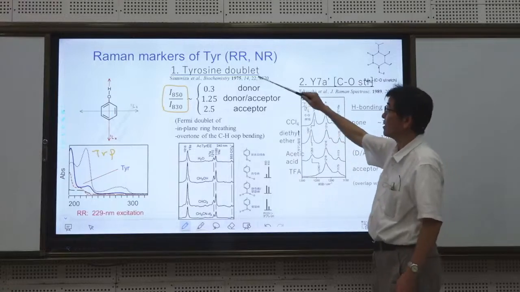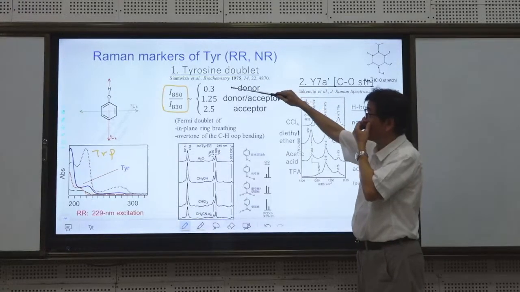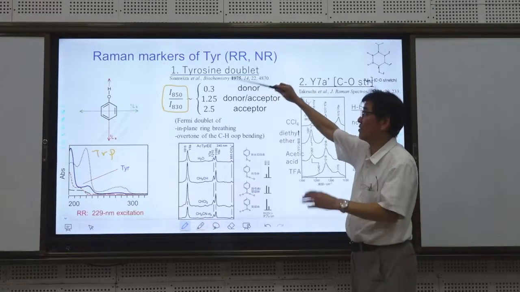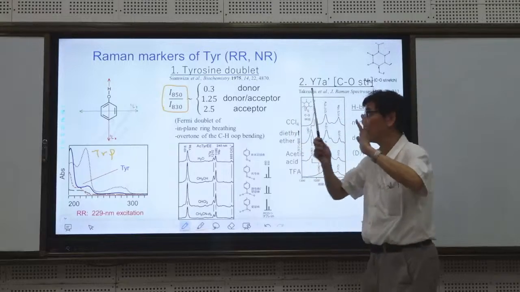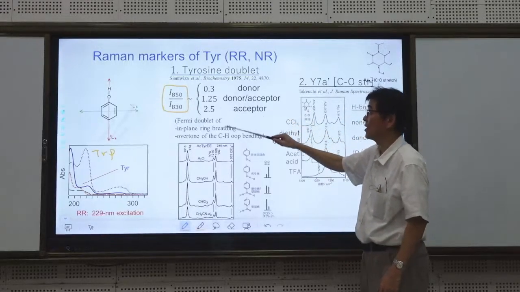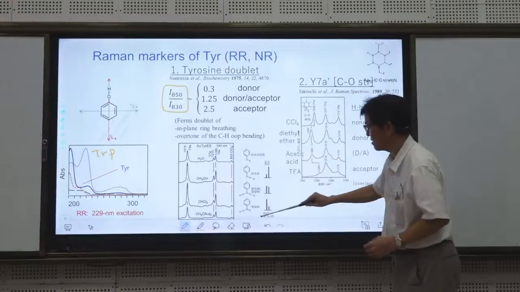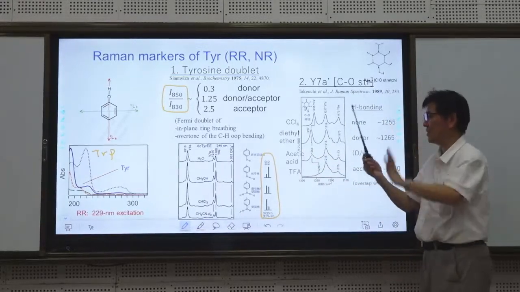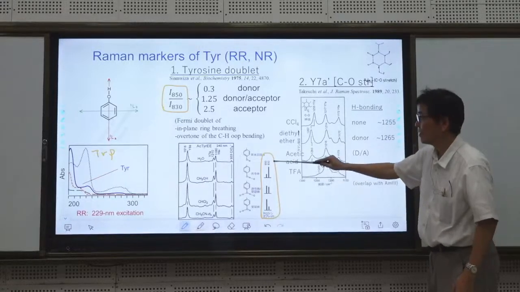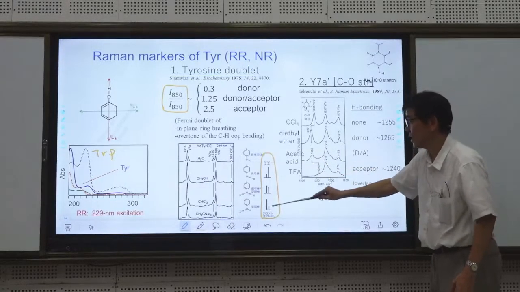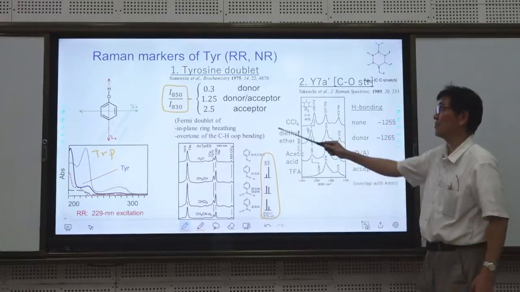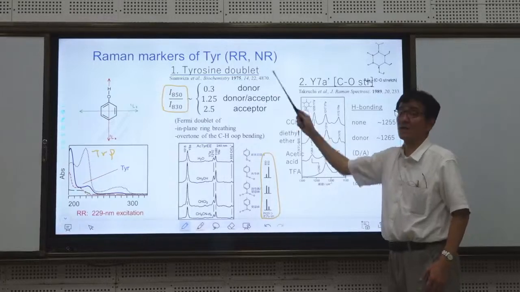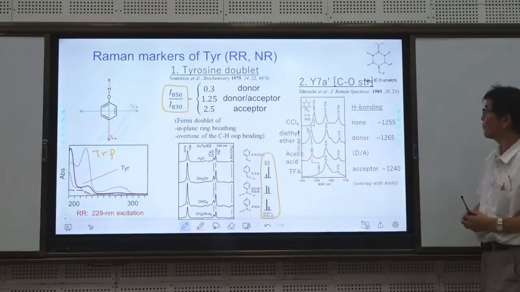So depending on the status of the OH bond, if it serves as the donor of the hydrogen bond, or donor and acceptor, or acceptor of the hydrogen bond, intensity ratio changes. This is a typical intensity ratio. Lower side is stronger or higher side is stronger. It depends on status of the hydrogen bonding of the tyrosine side chain.